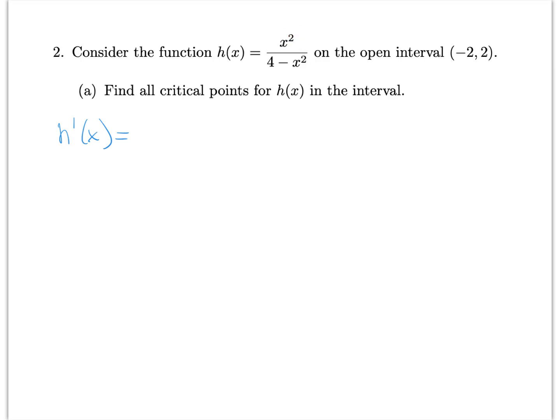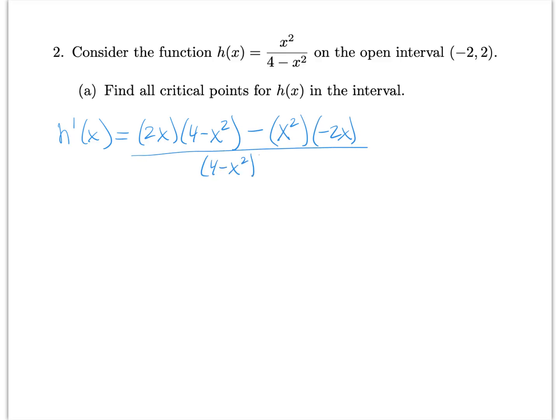So we're going to have f prime g. So that would be 2x times 4 minus x squared. That's f prime g minus f g prime all over g squared. And I want to know where this function is undefined and where it's 0.